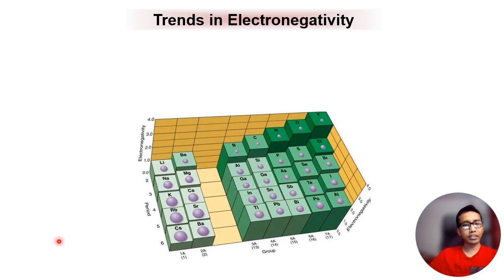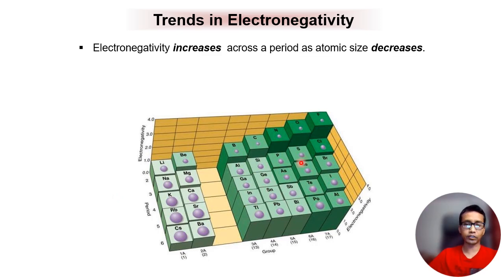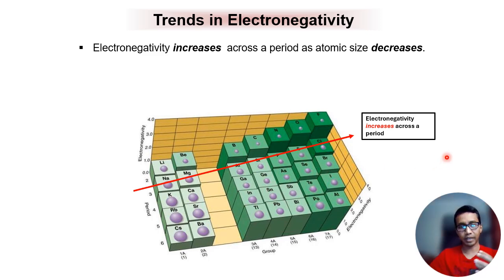Next, we will look at trends in electronegativity. We discussed this before. I'm just going to do a quick review of this. Trends in electronegativity is how the electronegativity, or capability of atoms to attract electrons towards itself, changes across a period or down a column. Across a period, we know that the electronegativity increases because every time you're adding 1 proton, you're adding 1 electron as well, but remember you're adding the electron to the same shell.